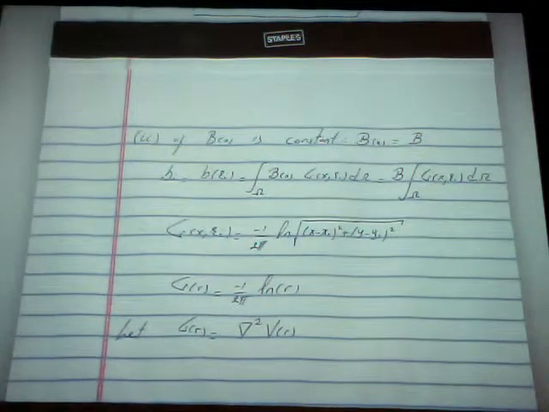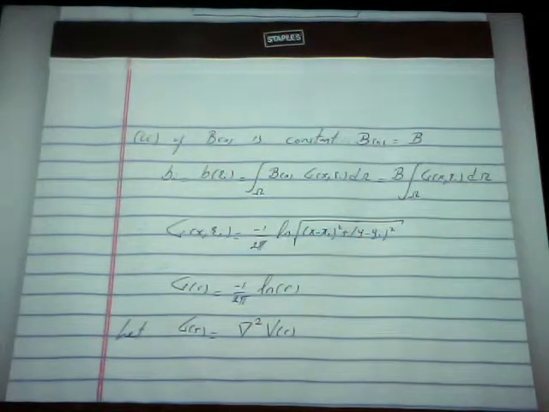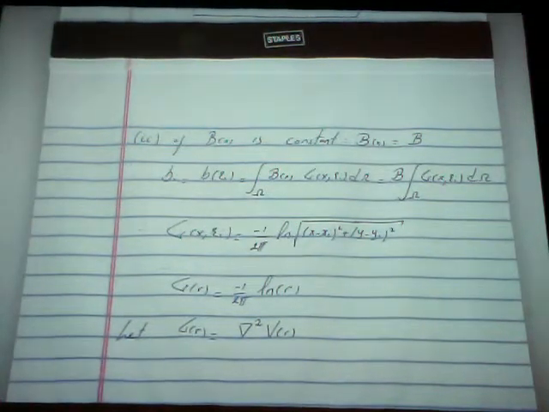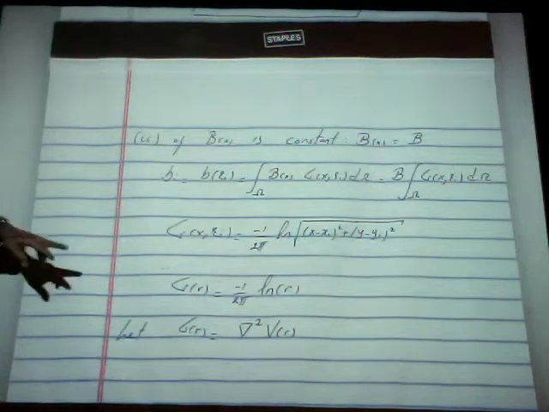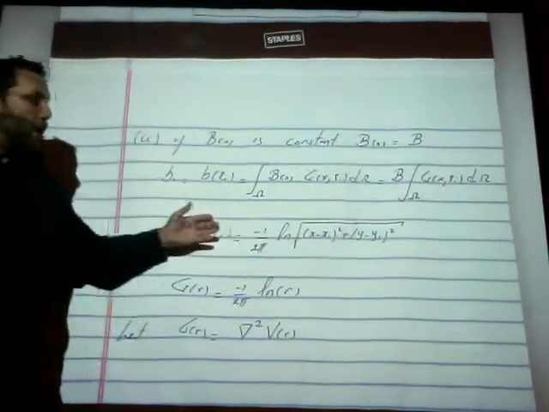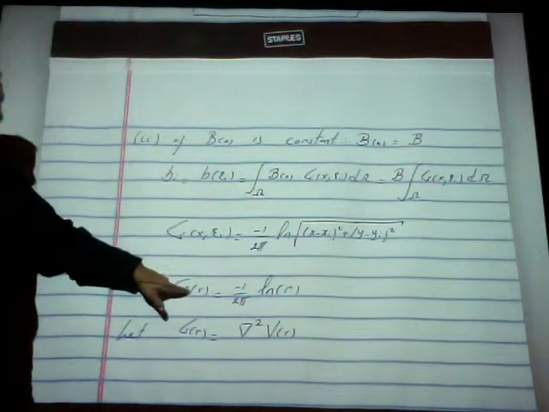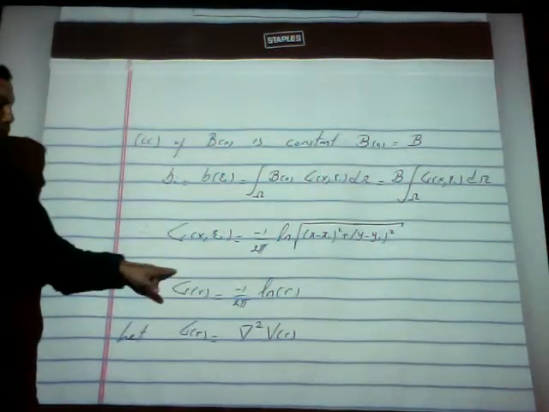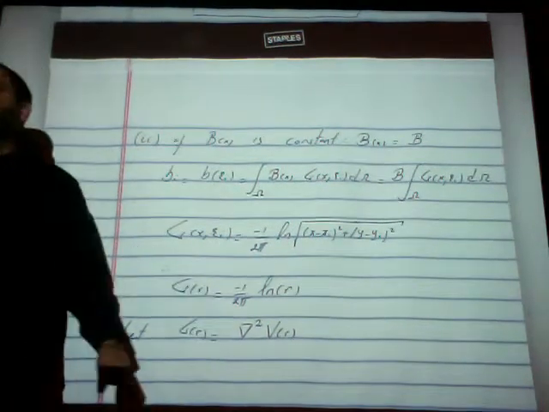Seems easy enough. All we have to do is integrate G twice and get the log. But we are able to do that because G is a function of a single variable. Well, G is a function of x and y, but x and y in a radial only basis. That means that G is only a function of R. So we can express G in polar coordinates, and therefore we can express the Laplacian in polar coordinates.